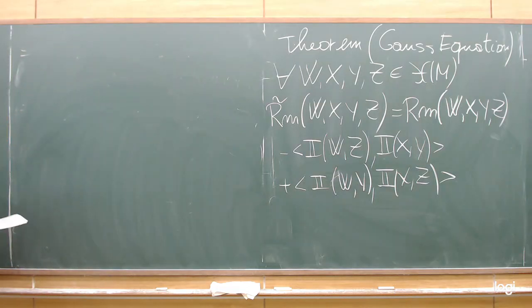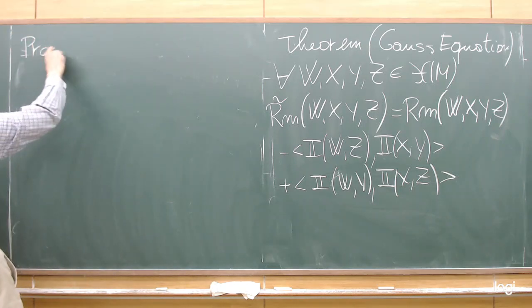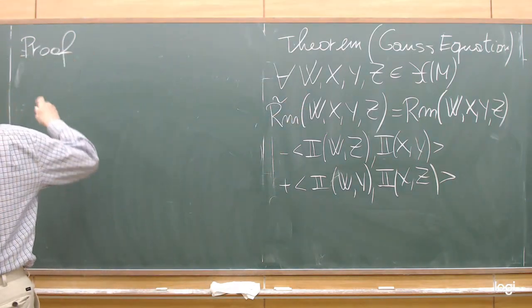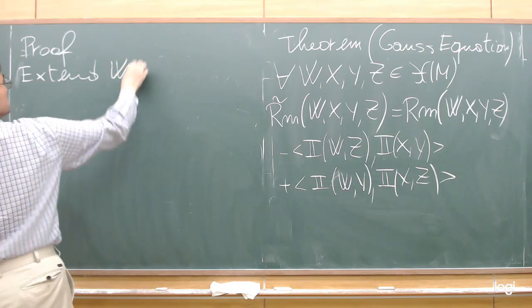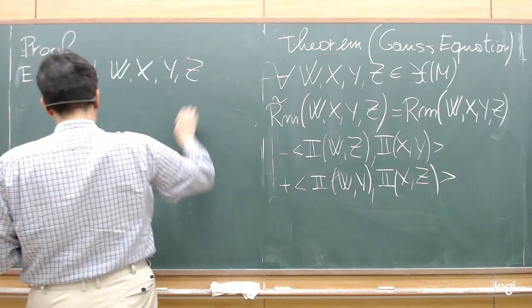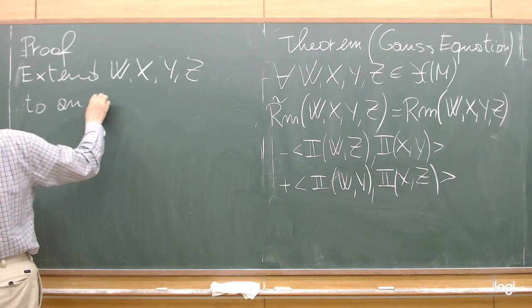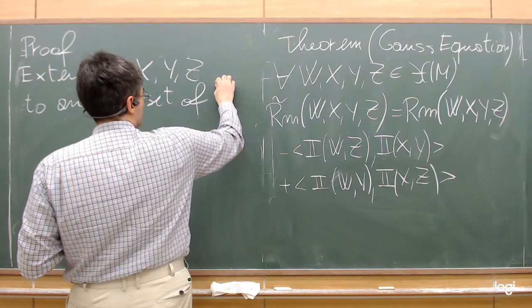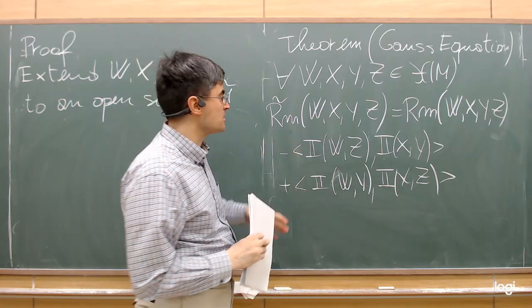Let's see at least the idea of the proof. First of all, we have to extend W, X, Y, Z to an open set of M tilde. So the left hand side now makes sense.